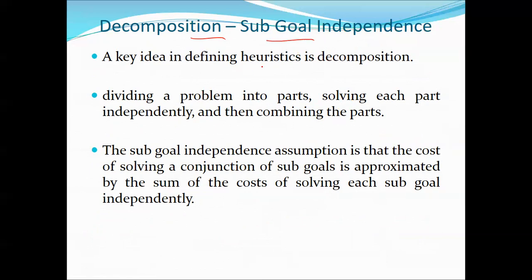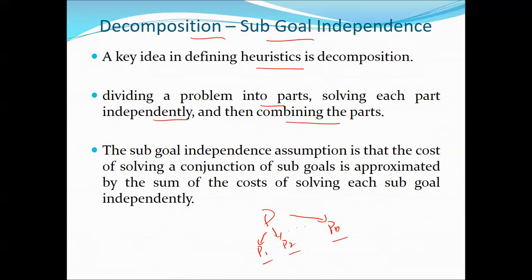So the key idea in defining the heuristic is decomposition: dividing a problem into parts, solving each part independently, and then combining the parts. Divide the problem into several small problems, P1, P2, and so on up to Pn, solve all these individual problems, and then combine the parts.